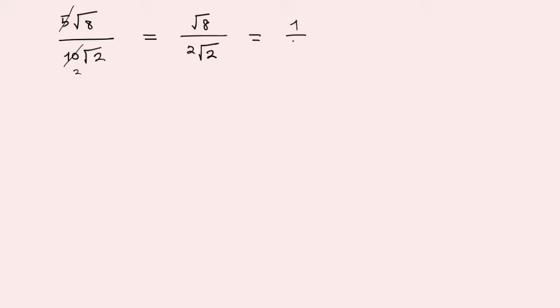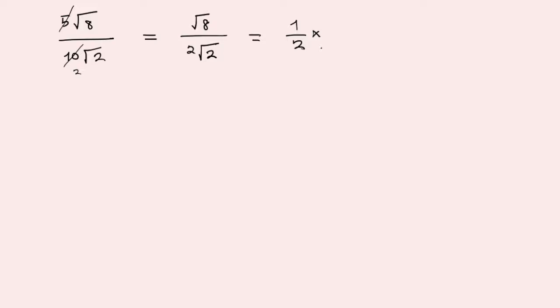If we have 5 root 8 over 10 root 2, now 5 can already cancel 10 to give 2. So we have root 8 over 2 root 2. Now this can be written as 1 over 2, so we bring out the half.